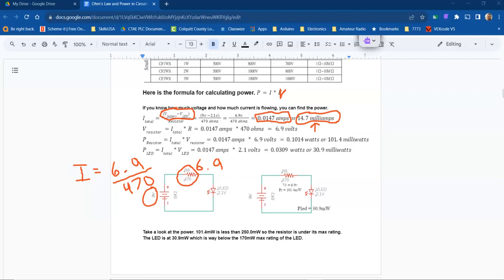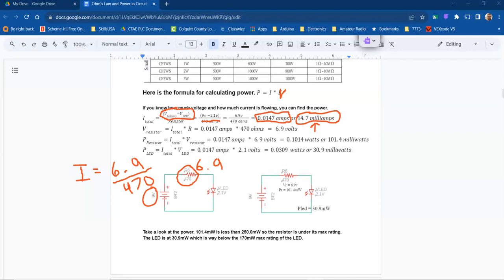If you look at it like this, basically you're taking your answer that came from here and you're crossing out the ohms when you multiply times 470 and you're getting 6.9. That's all you're doing with this. So that might be a little confusing because I can't draw it very well on here.